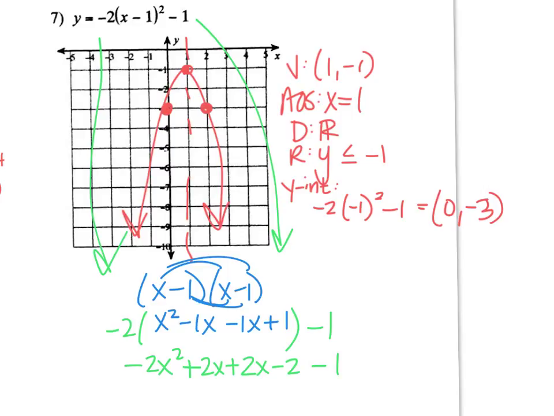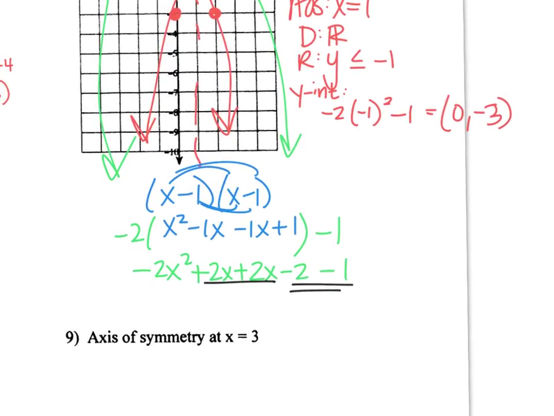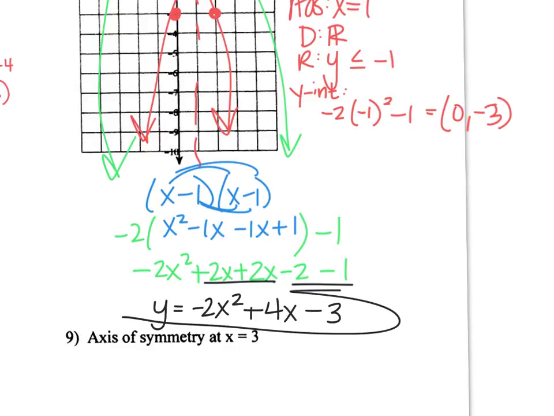And then our last step is to combine like terms. So standard form for this equation is y equals -2x squared plus 4x minus 3. And again, that confirms that my shortcut was correct.